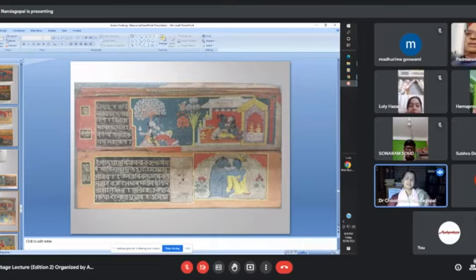So this, you see, the black color continues and blue is mainly used, and the architecture also interesting, and other paraphernalia are so interestingly placed, and even today you find them in use in Assam.